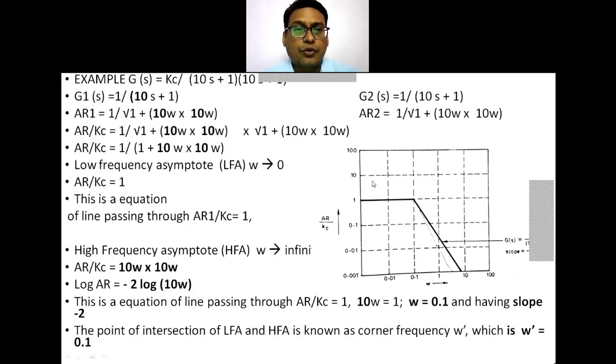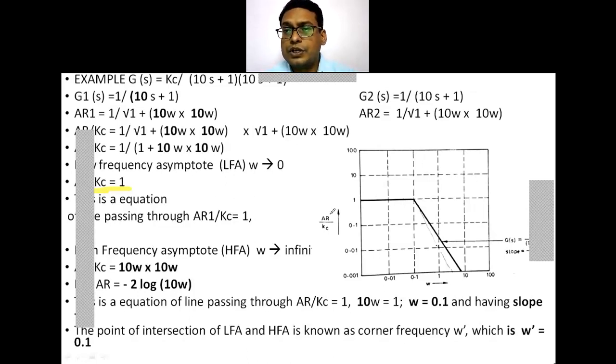This amplitude ratio upon Kc, which is equal to 1, I am going to plot as a straight line here. This is the low frequency asymptote.